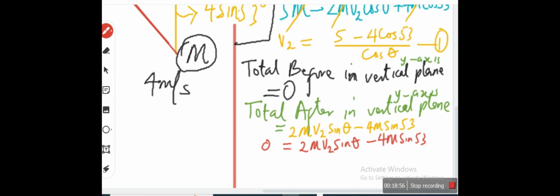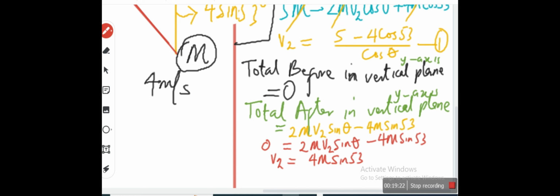So let's make v2 the subject of the formula here. v2 will be what? This one crosses over, we have 4m sin 53 over 2m sin theta.